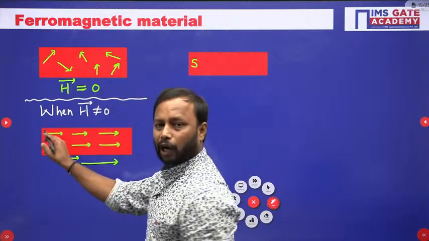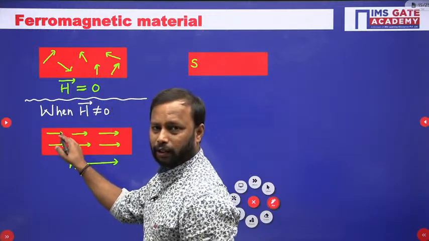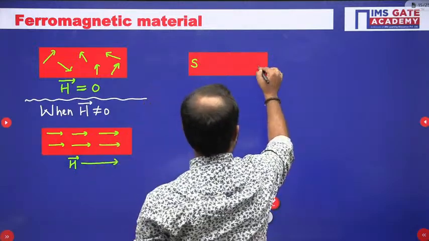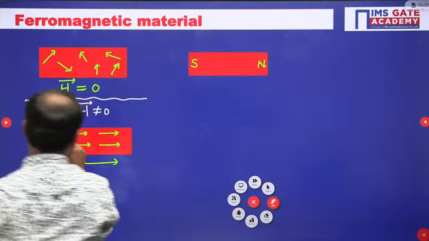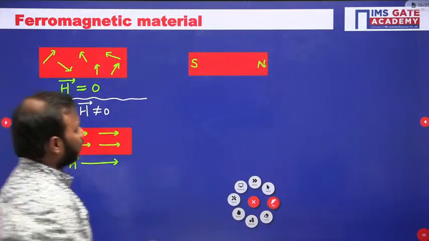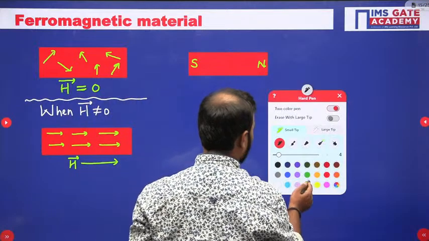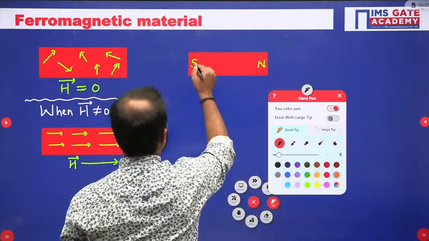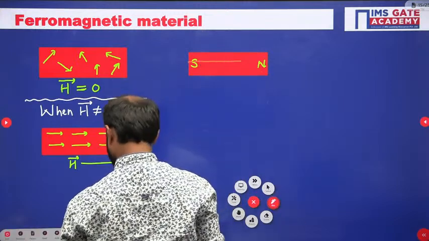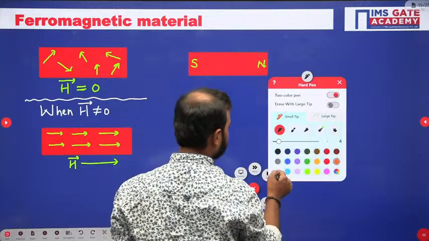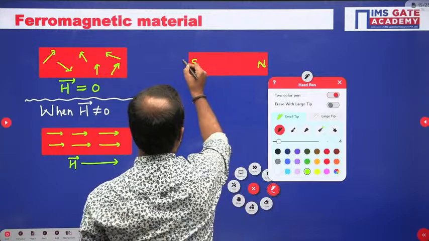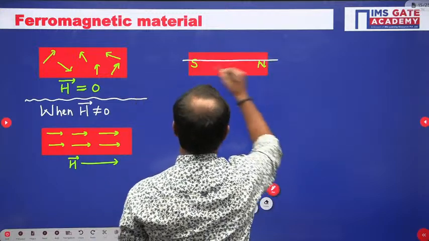Remember, we denoted this by south and this by north, isn't it? So this becomes south and this becomes north, and internally these two are cancelled out. North and south will be cancelled out. So what is the direction here? Direction of flow of magnetic field? It will be like this. Sorry. It will be like this.